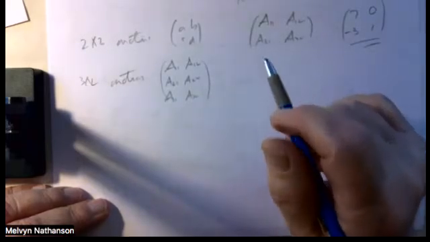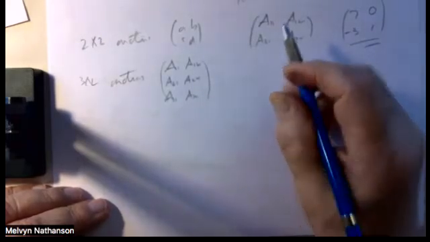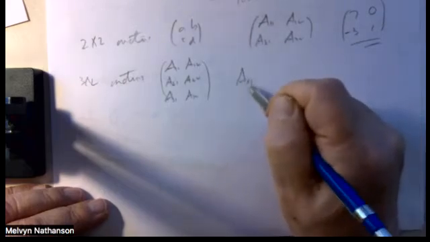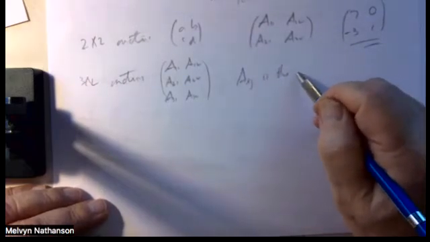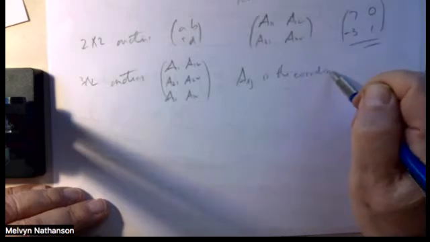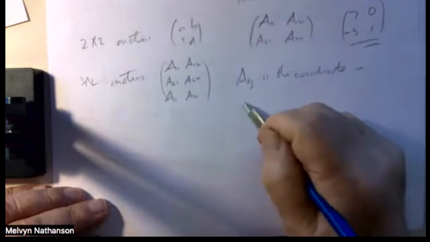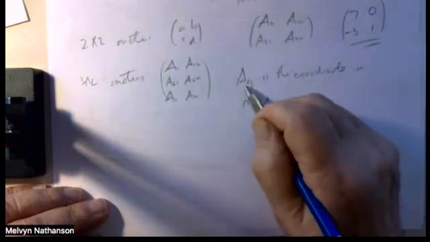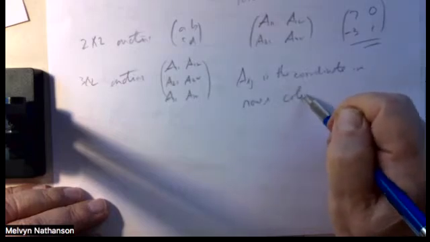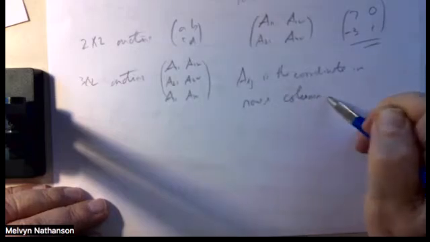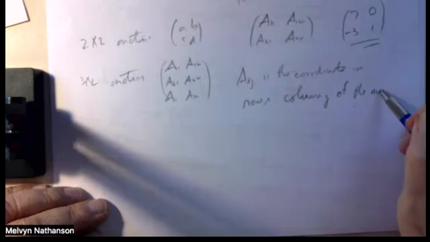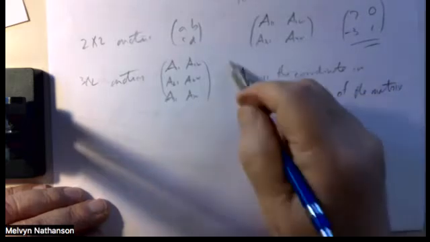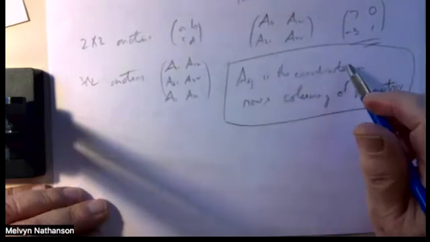And the fixed standard notation is Aij is the number, or the coordinate, in row i, column j of the matrix.